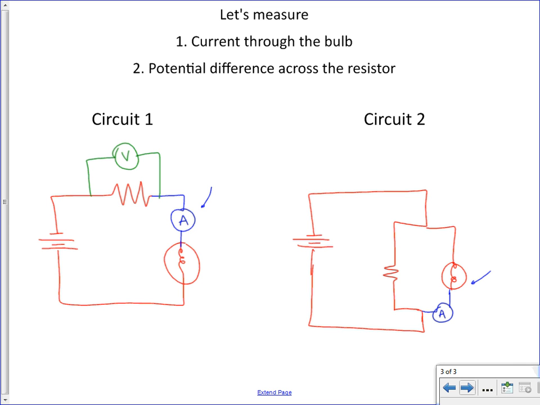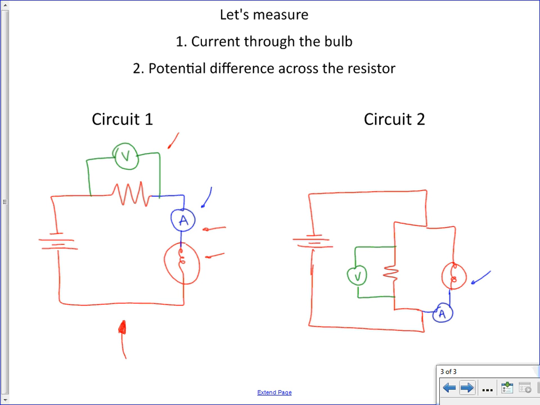And now the voltage across the resistor, well, we connect in parallel before and after that resistor. What I'm trying to show you here is that these two circuit elements, the resistor and the lamp, are connected in series. But that doesn't have anything to do with how we connect the meters. Ammeter connected in series with bulb. Voltmeter connected in parallel with resistor.